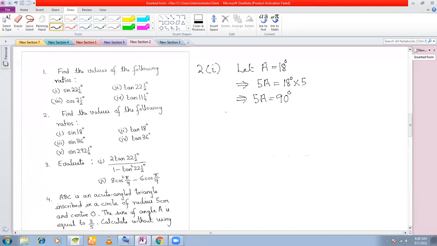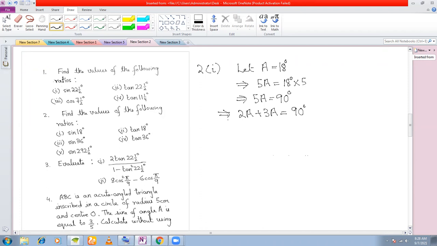Okay. Now what I do is I break 5A as 2A plus 3A, because we know the multiple angle formulas for 2A and 3A. That is why we break up 5A as 2A plus 3A. Okay.